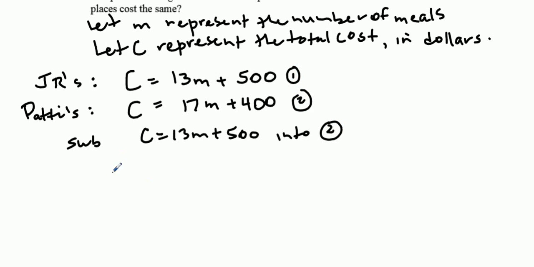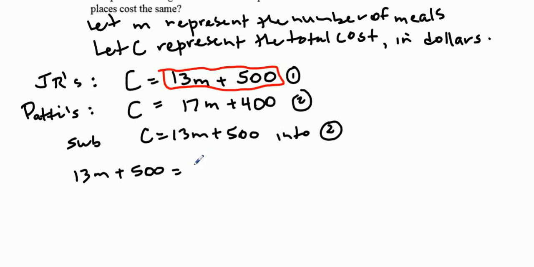When I take this part here, 1, and substitute it where the C is in 2, basically all I'm doing is setting these equations equal to each other. So this is going to be 13m plus 500 replacing the C, equals 17m plus 400. So I took this and I substituted it in here.